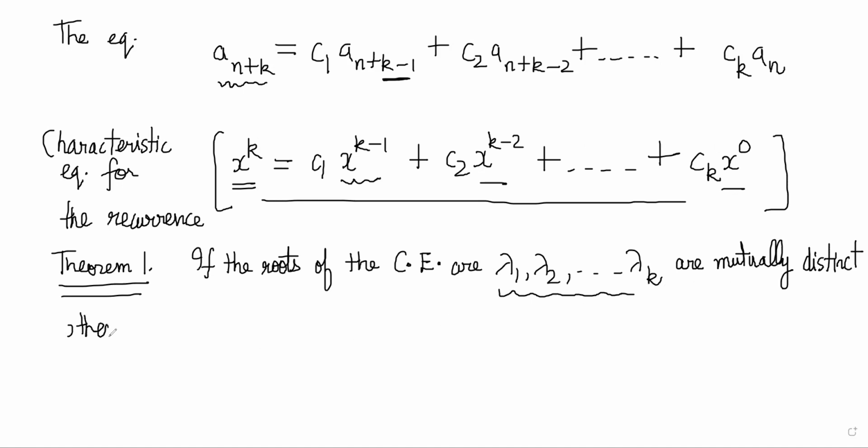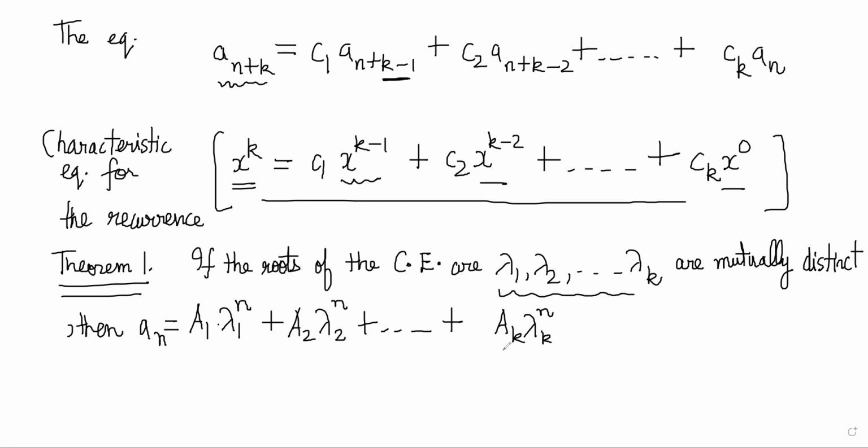Then the sequence an has the general formula of an is equal to a1 lambda 1 power n plus a2 lambda 2 power n and so on till ak lambda k power n.